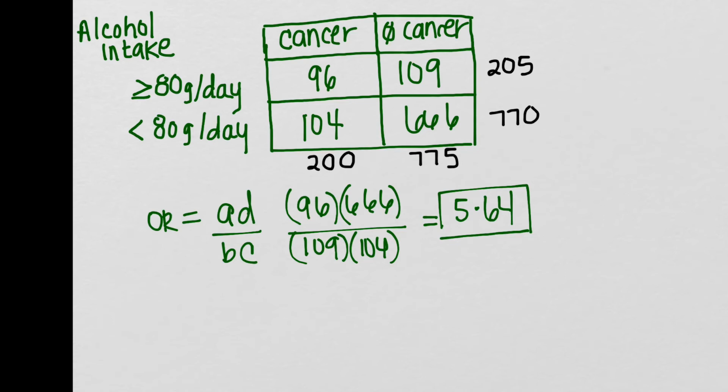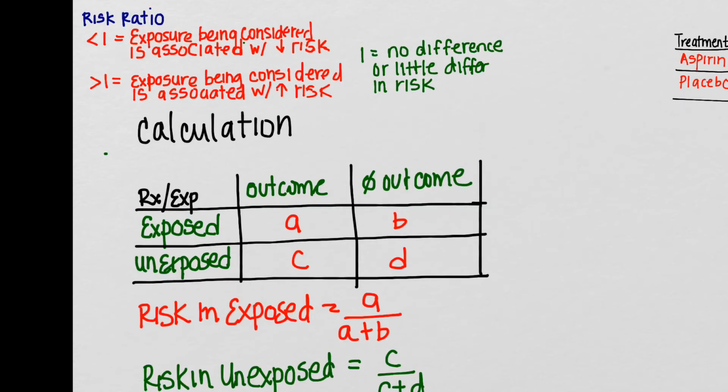So in this particular case, an odds ratio of 5.64 suggests that the odds are about 5.5 times more likely that you would develop esophageal cancer if you ingest 80 grams of alcohol per day.